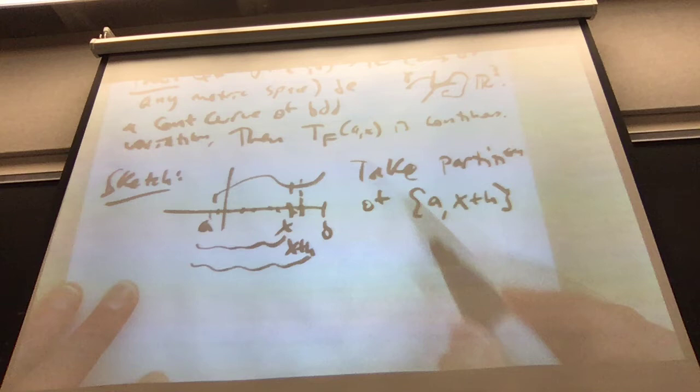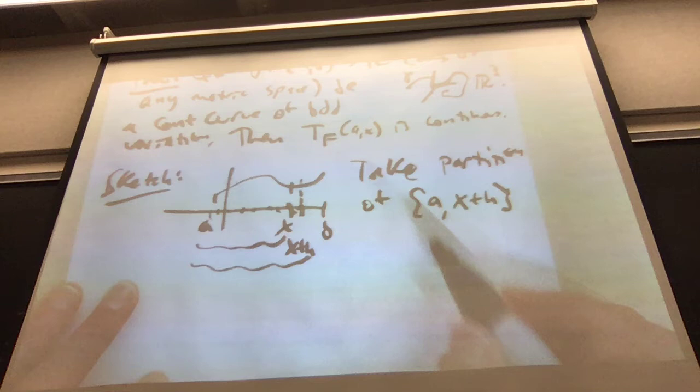f of x minus f of x plus h is less than epsilon, or I should say z, if z is the thing that this curve is parametrized by. I guess I'm calling this z of t, although I could call it f of t. Somehow there are standard notations bothering each other.